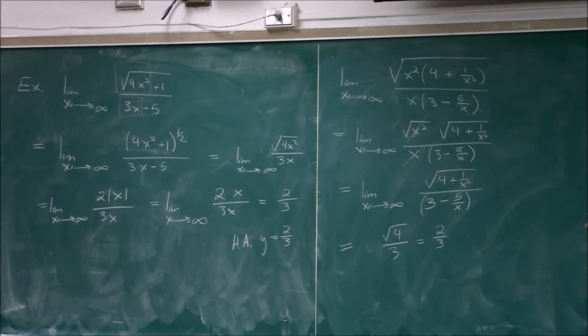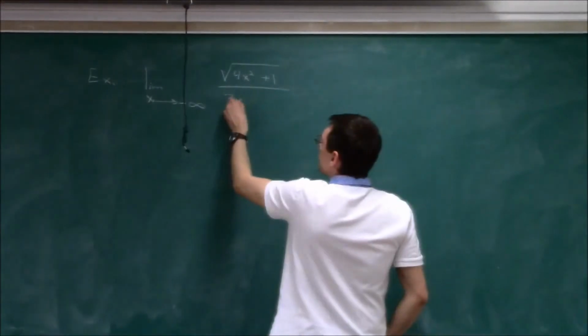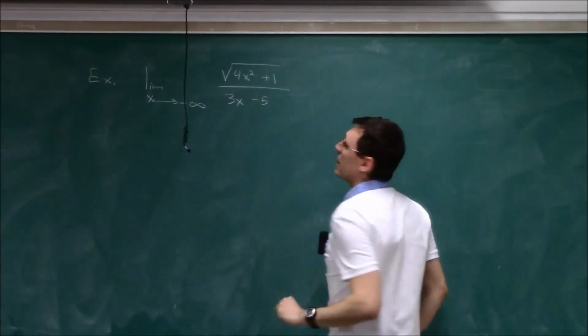Let me ask you another question. Very, very similar. The same question, in fact, but now the limit is going to minus infinity. See what you get. Now the limit as x goes to minus infinity of root 4x squared plus 1 over 3x minus 5.